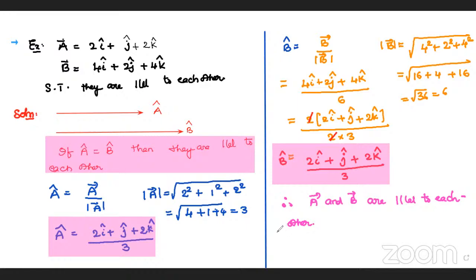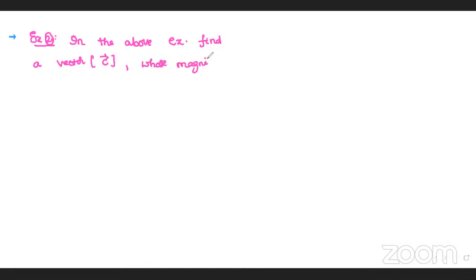Here I am going to write: in the above example, find a vector, say some c bar, a third vector c bar, find a vector whose magnitude is equal to b bar.